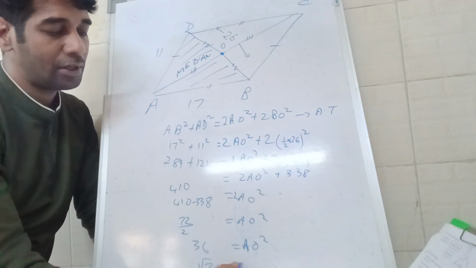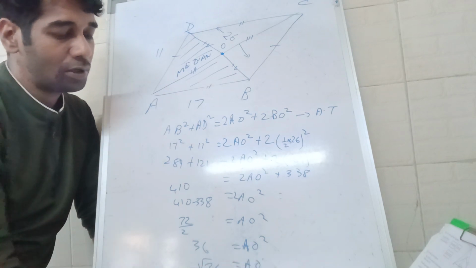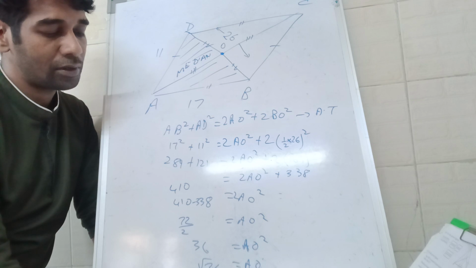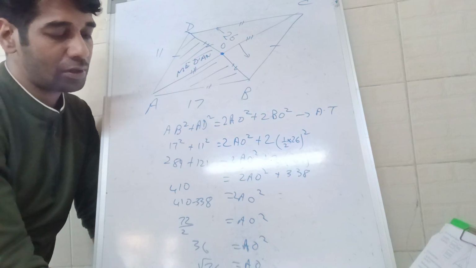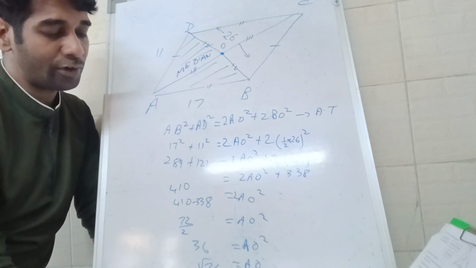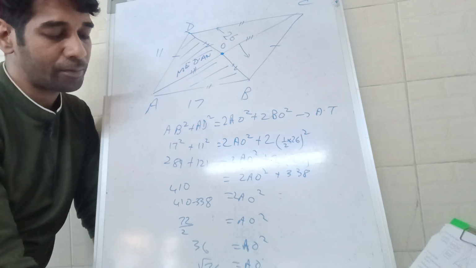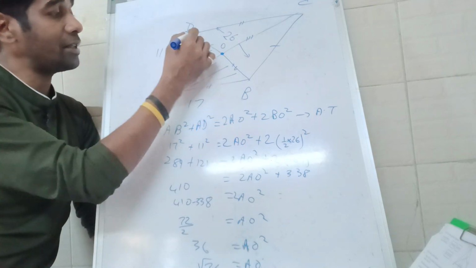Root of 36 is equal to AO, 6. The square root will get cut here. AO is equal to 6. I get AO as 6.